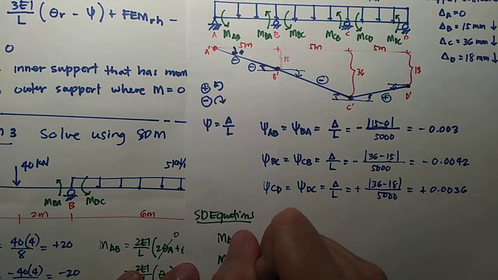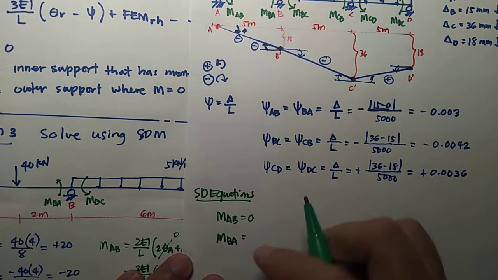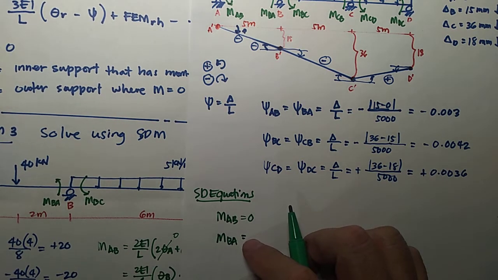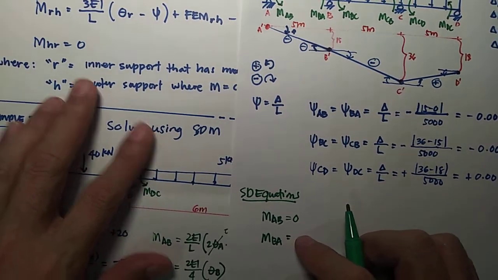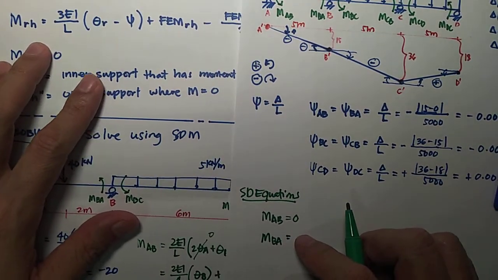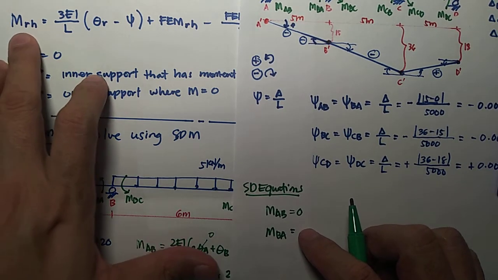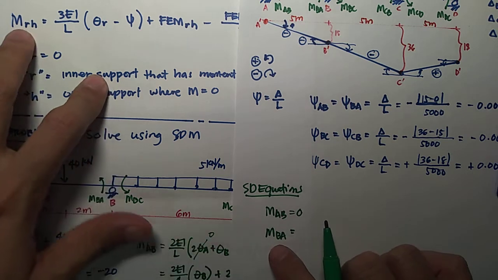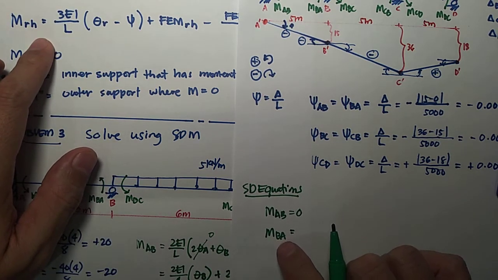What is the moment on BA? Using the modified equation, ito yung gagamitin natin, ito yung 3. So, this one. So, what would be our equation? We have MBA. So, yung R natin dito, yun yung B. Yung H, yun yung magiging A natin.